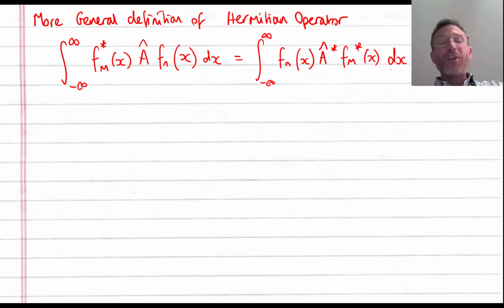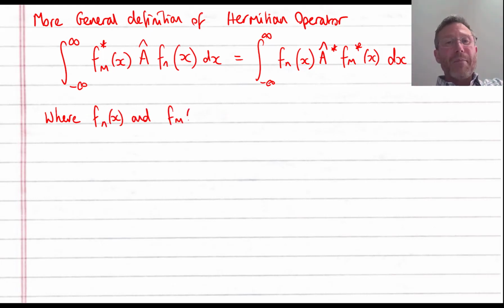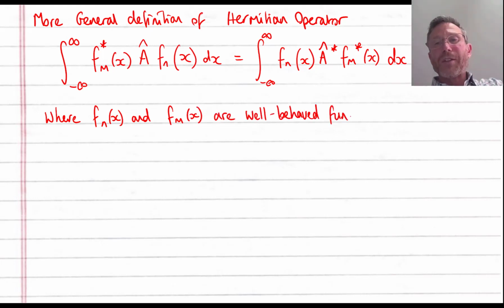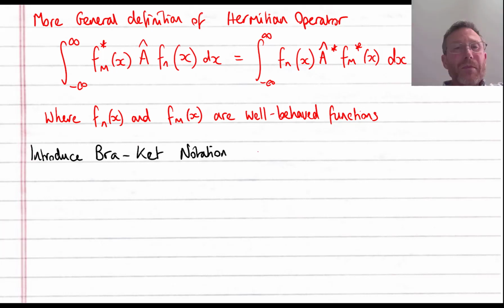So that's a new way of describing the general definition of a Hermitian operator. And we'll also say here that f n of x and f m of x are well-behaved functions. So let's introduce this bra-ket notation by rewriting this. And here we go.